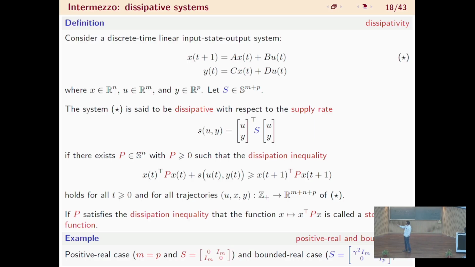M is equal to p, and this is called a positive real case. It is also called passivity. And the other case is this choice of S, which is related to H infinity performance, actually, because it says that the system has a H infinity performance less than or equal to gamma, if this is the case.